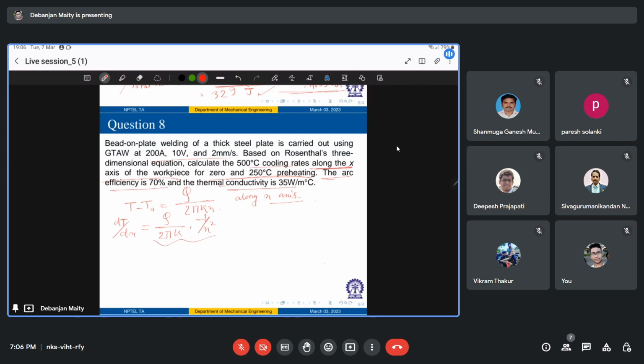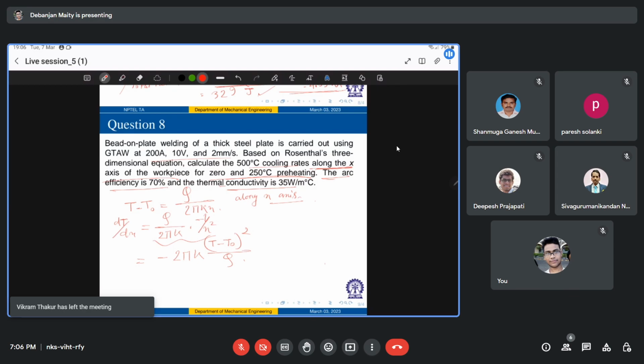So from here, you can write it like this. Is this part understandable or not? From here, you just simply put the value of 1 by x.